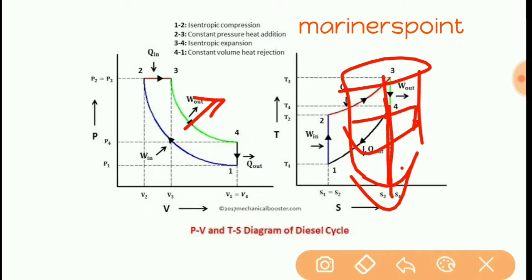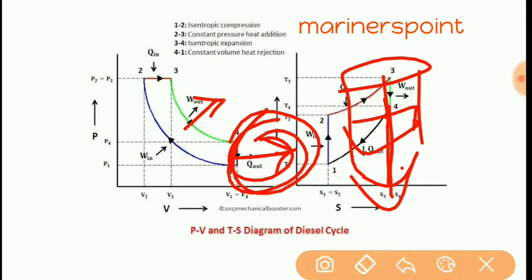In the fourth process, constant volume heat rejection. Now heat will be rejected out of the cylinder, to the atmosphere, that is heat rejected, Q out, at constant volume.